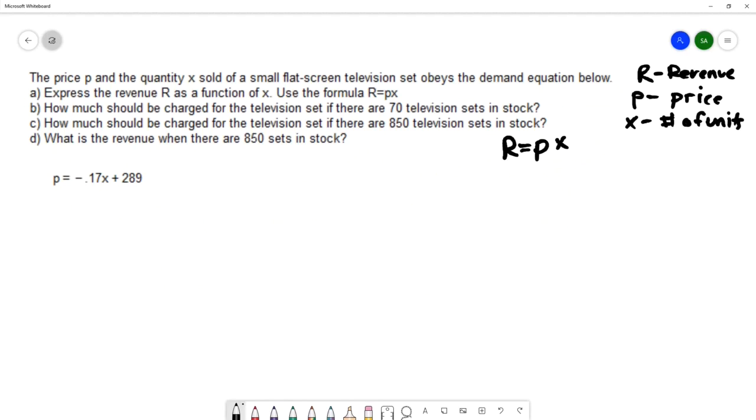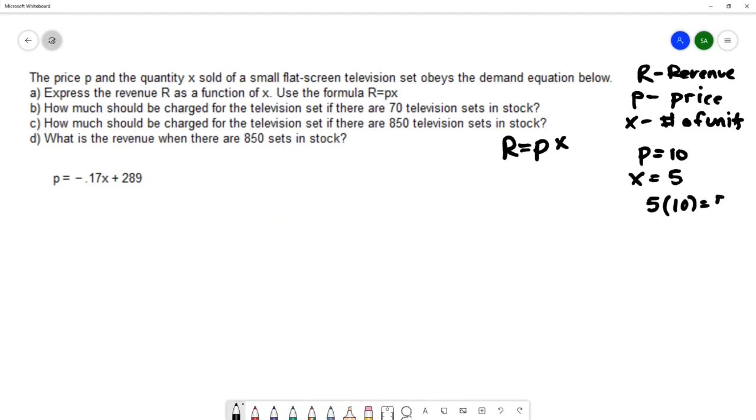So if we are charging, say, $10 for something, and we have 5 of them, if we sell them all, we would get $10 for each of the 5 things that we're selling.